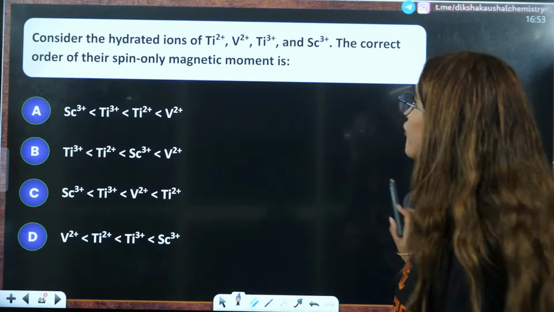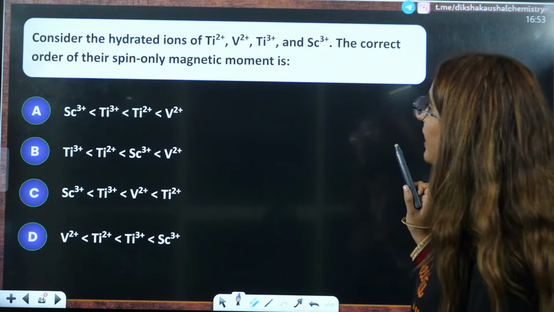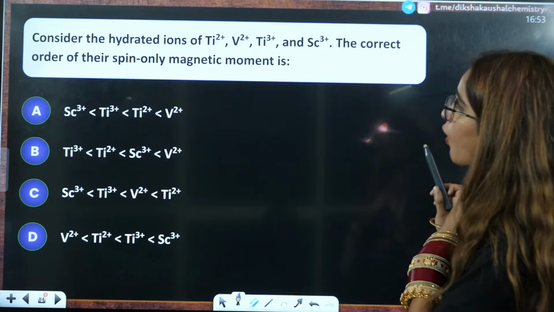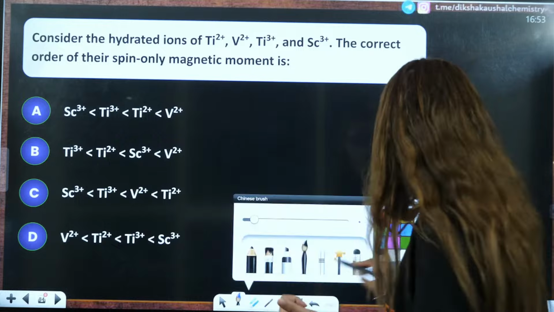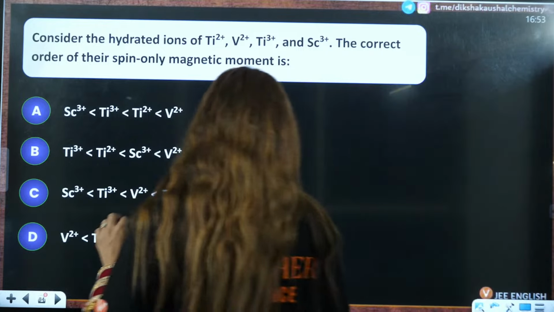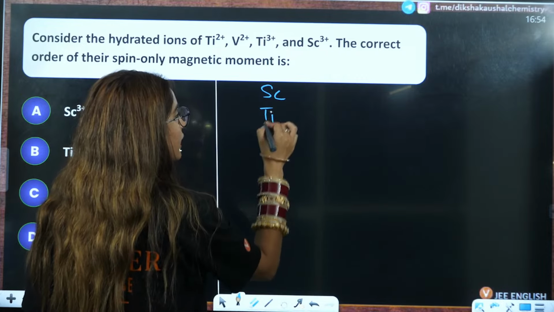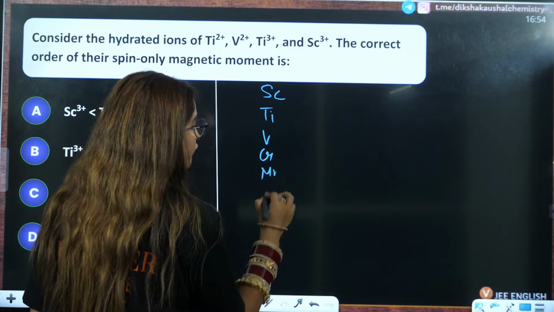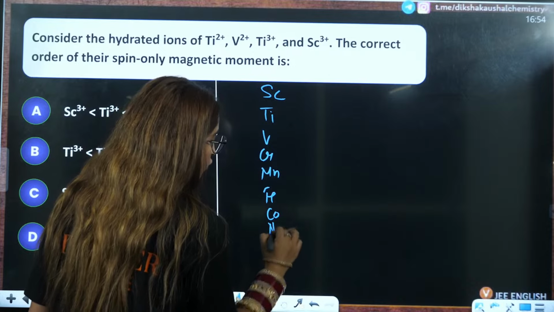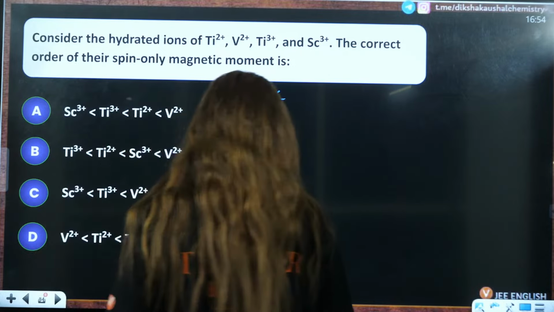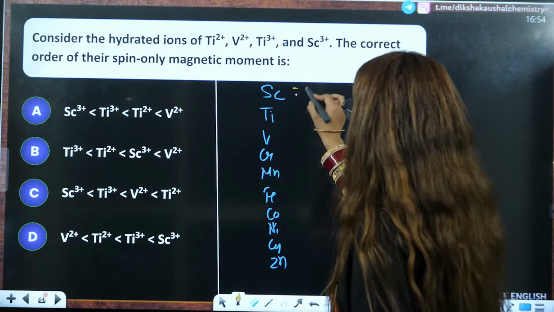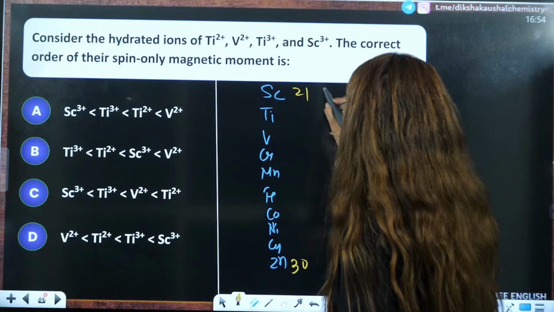Consider the hydrated ions of these 4, the correct order of spin only magnetic moment. Now beta, whenever they ask you spin only magnetic moment, just remember this: Sc Ti V Cr Mn Fe Co Ni Cu Zn. In all these cases, 21 to 30 is the atomic number.